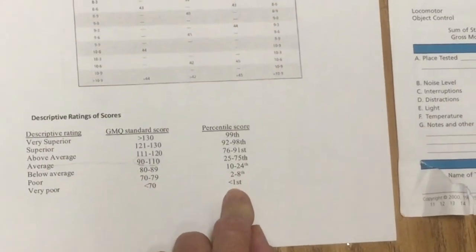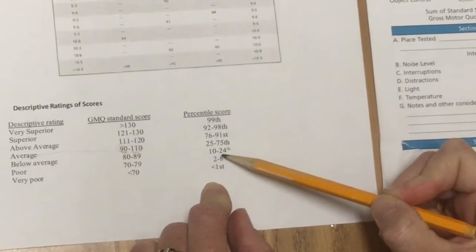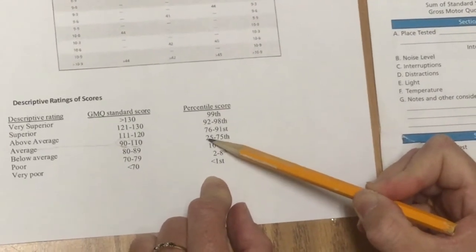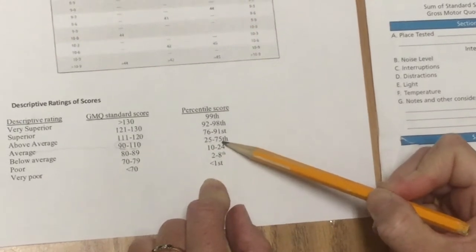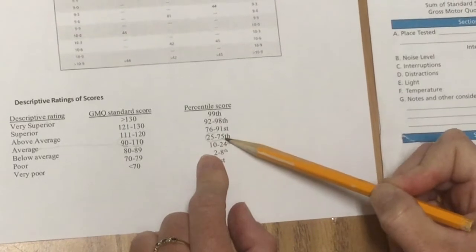We're also going to look at the percentile score. So little Jim's percentile score was 42. So again, I'm going to look along this column here. So this column, this goes between 25 and 75th percentile, and he was a 42.